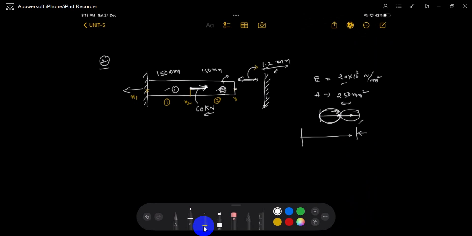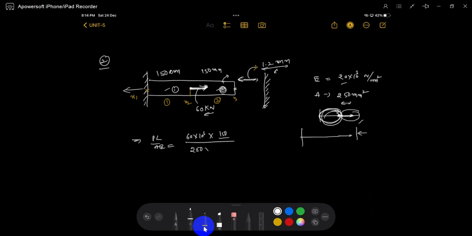So now you can see what is the displacement experienced in element 1. The tail displacement is PL by AE. P is 60 kilonewtons, L is 150 mm, not 300, because only this part has displaced as the force is applied at the center.